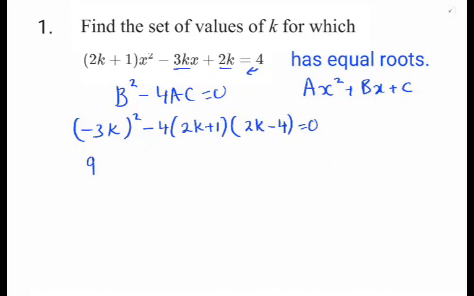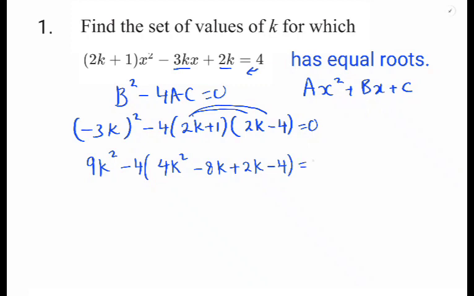So this is 9k square, minus 4, and this part is 4k square. This is negative 8k plus 2k minus 4 equals to 0. So we need to simplify this. So you get this answer here after you expand it.